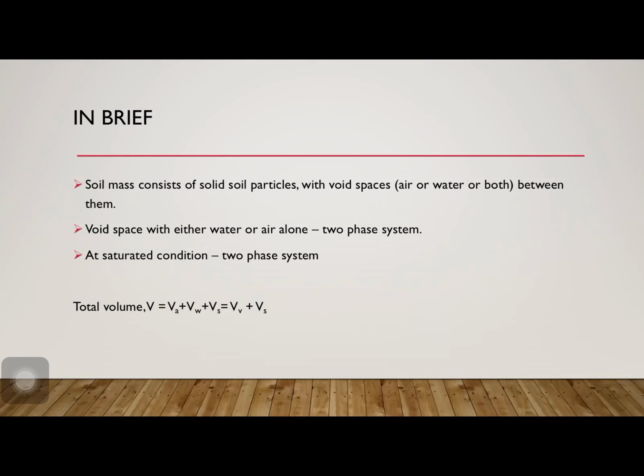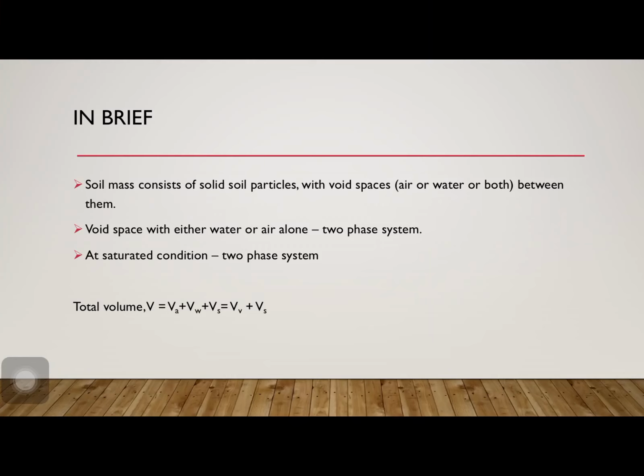Why is it called a two-phase system? If the void space is filled with water alone, then only water and solids will be there in that soil. And if the void space consists of air alone, it consists of only solid and air. So only two phases are existing. So it's called a two-phase system.